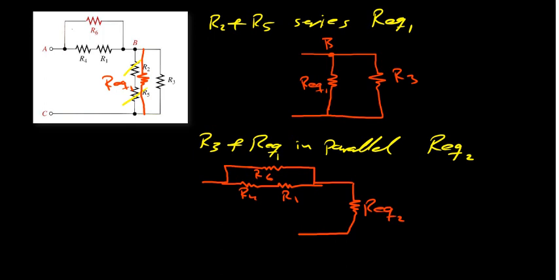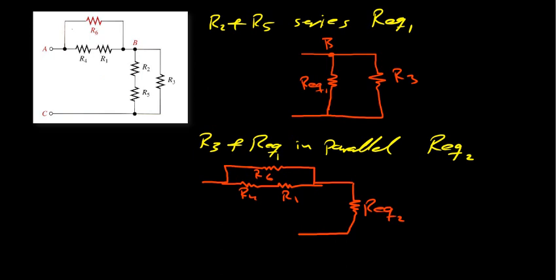Okay, so this R equivalent 2 is what we found from the region where I have all three resistors. Now we can take these off to keep it tidy.